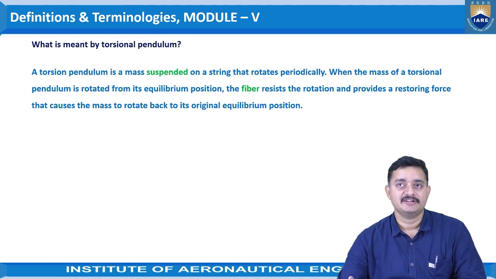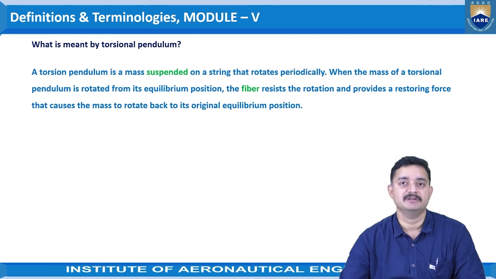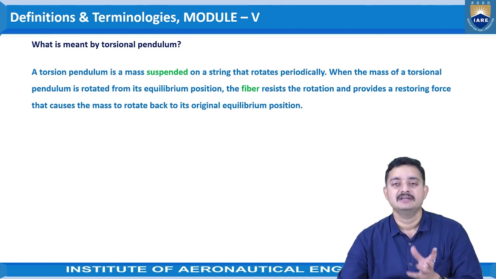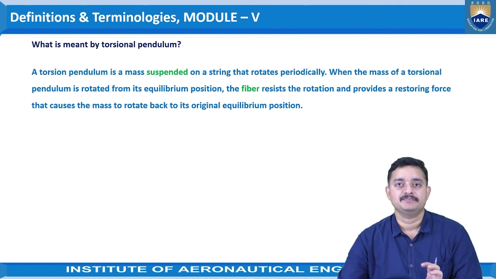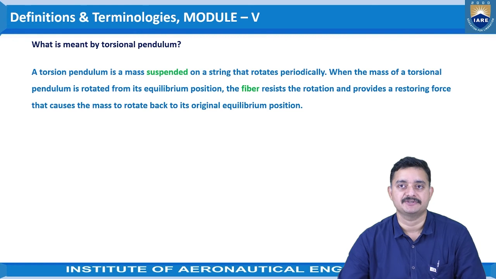When the mass of a torsional pendulum is rotated from its equilibrium position, the fiber resists the rotation and provides a restoring force that causes the mass to rotate back to its original equilibrium position. So in this way, the disc or the pendulum twists continuously. The shaft gets into a twisting condition and the disc moves in a to and fro motion from one extreme position to the other extreme position.